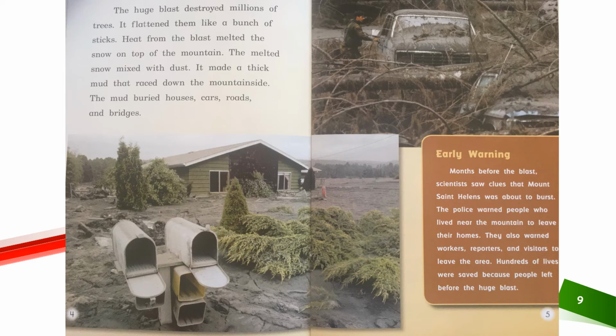The police warned people who lived near the mountain to leave their homes. They also warned workers, reporters, and visitors to leave the area. Hundreds of lives were saved because people left before the huge blast.